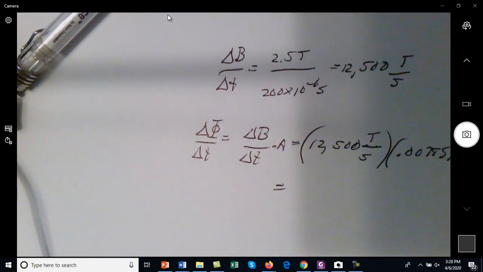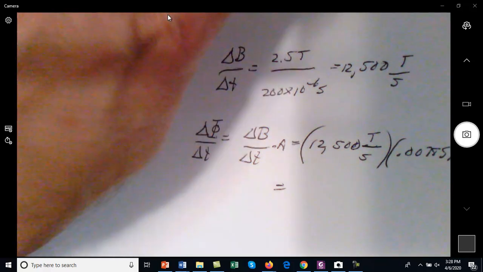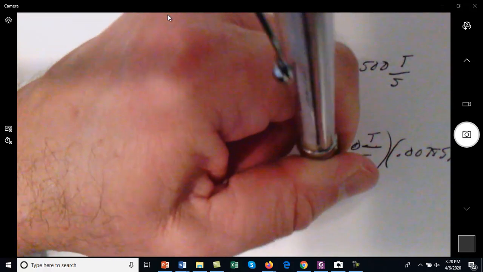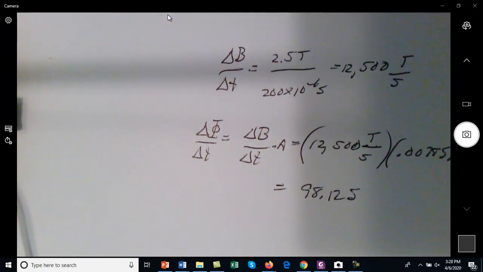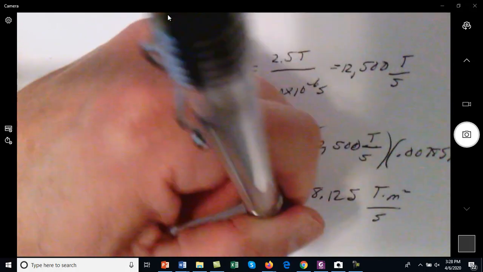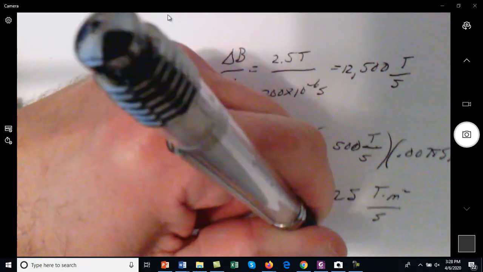And that will equal 98.125 Tesla meter squared per second, which is also equal to 98.125 volts.